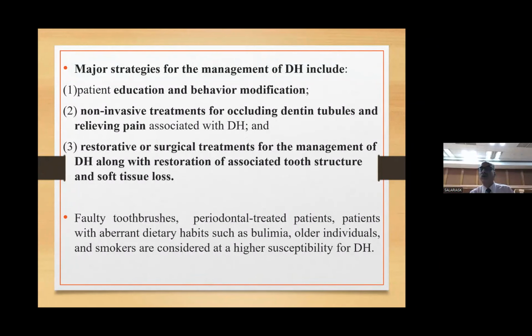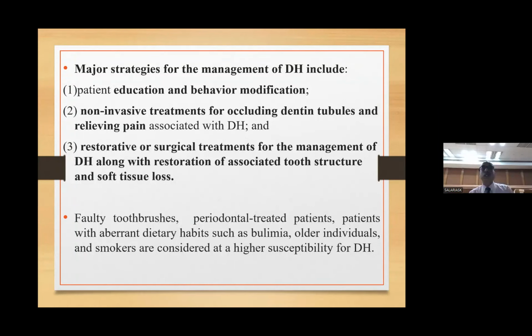Such patients also suffer from such disorders. Older patients and smokers are considered highly susceptible to dentinal hypersensitivity. So these factors should be given due consideration when we are educating and doing behavioral modification at every interval till the patient's satisfaction level is achieved.